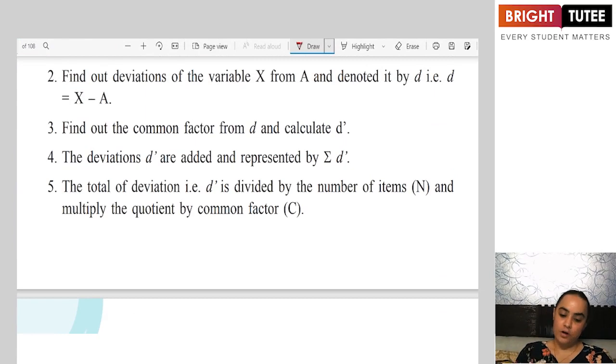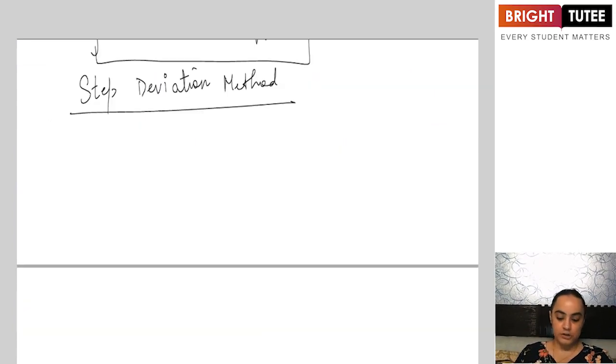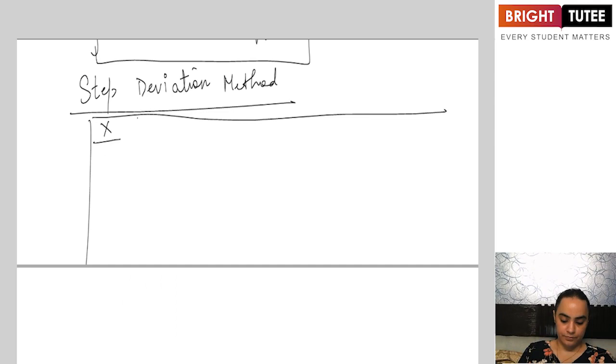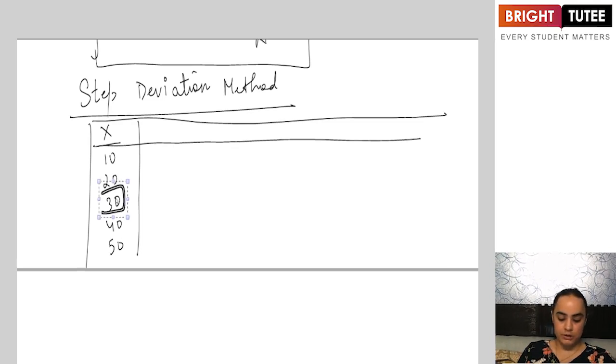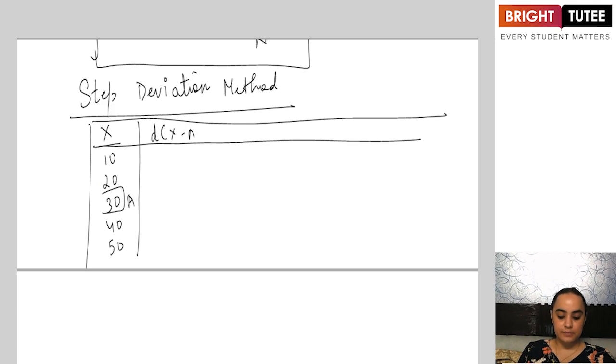After calculating the common factor, you are going to divide d by that common factor and get d dash. For example, if we continue the same question that we did above, where x was 10, 20, 30, 40 and 50. I took 30 to be my assumed mean. I calculated d, which is x minus a.